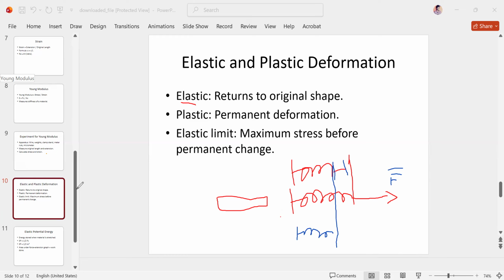So I hope you understand the meaning of elastic. Elastic means a body returns to its original shape after the removal of the force which we applied on it.